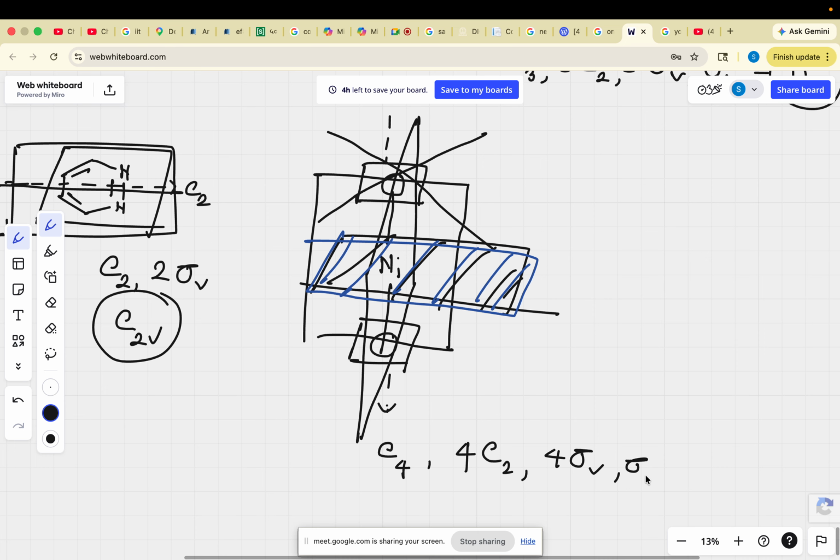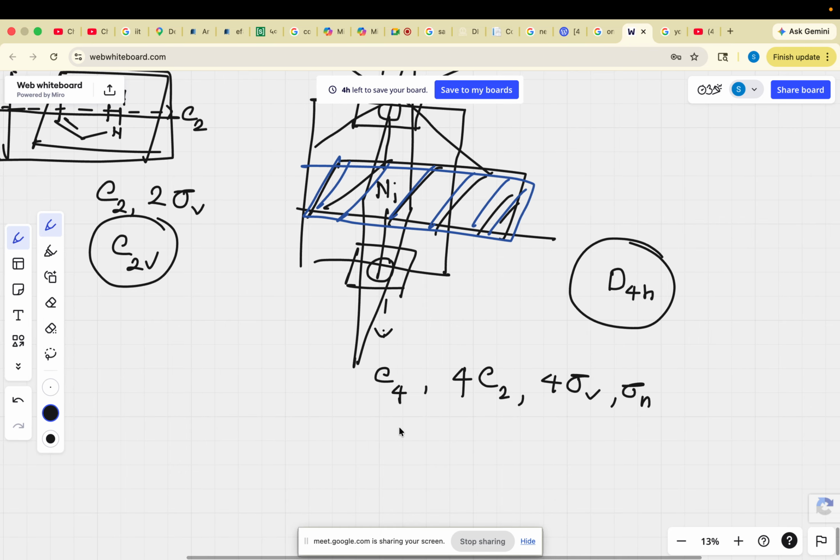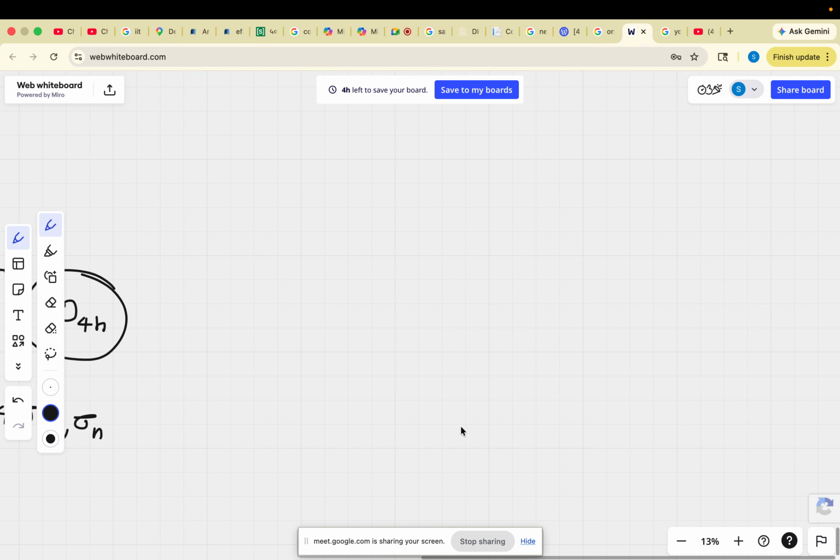So you have a C4 axis, 4 C2, 4 sigma v and sigma h. That is your D4h point group. So this is your staggered, sorry, this is your eclipsed conformation, and another one will be staggered.